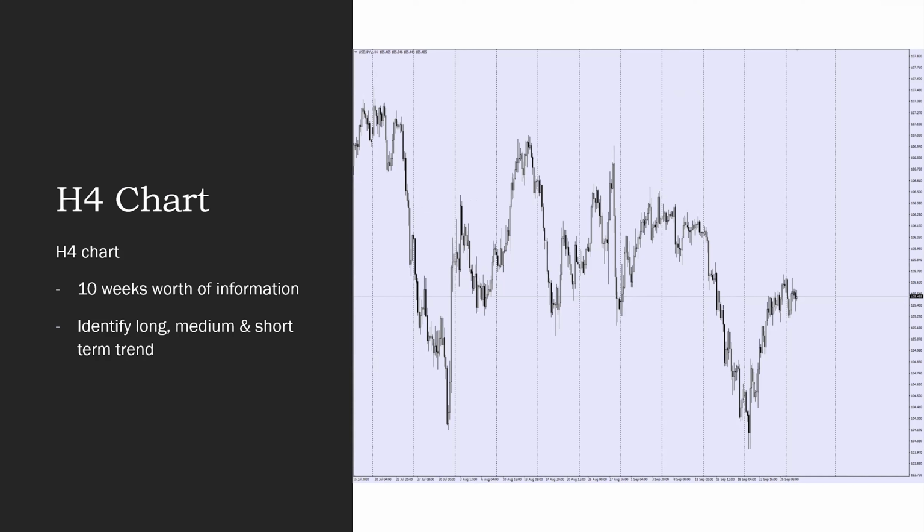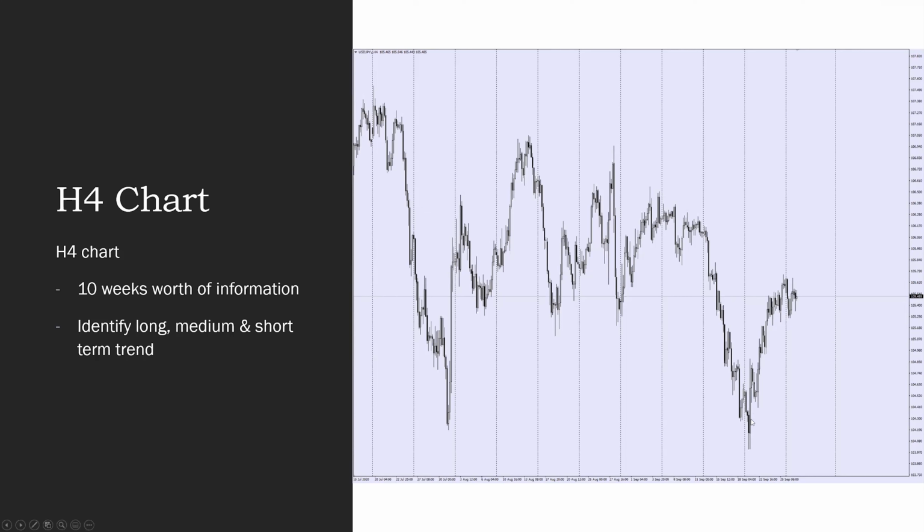From a 10-week view, I'm able to identify the long-term, the medium-term, and also the short-term trend of the chart. For example, right now, in the short term, it's been moving across over the past couple of days. In the medium term, it's gone up a little bit.